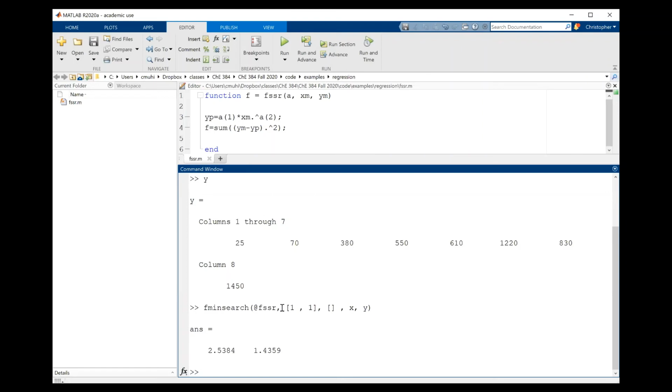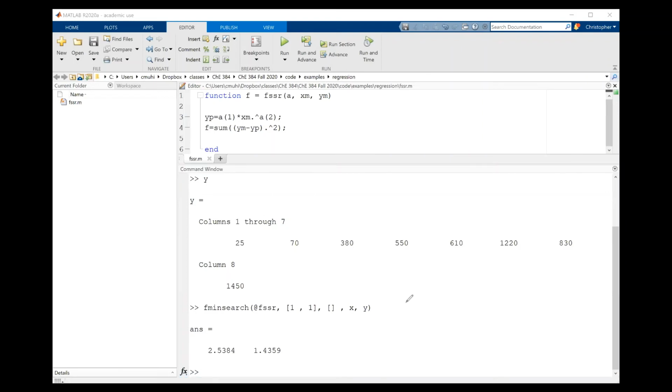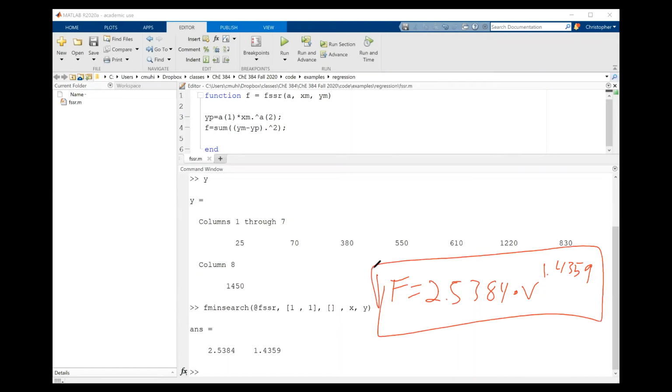So remember, this in essence is telling us that f is equal to 2.5384 times v, which we represented by x, to the 1.4359. So we can use fminsearch in conjunction with this idea of minimizing residuals in MATLAB to solve nonlinear equations.